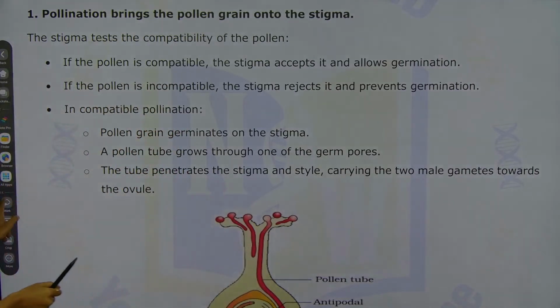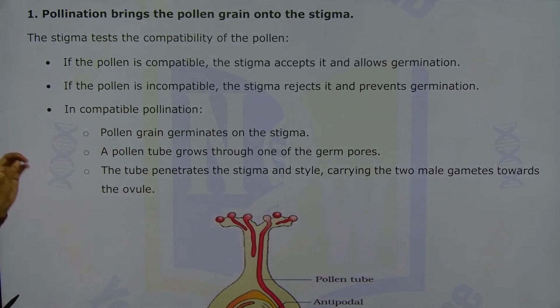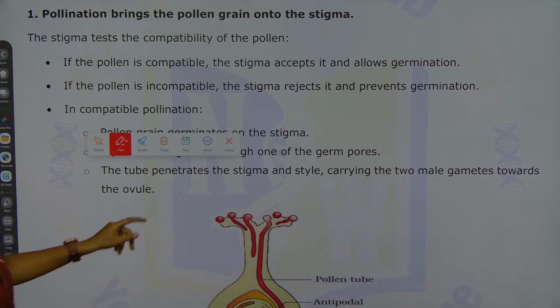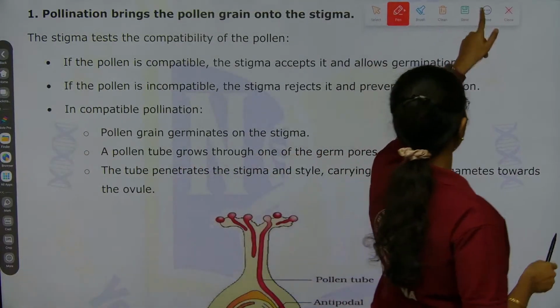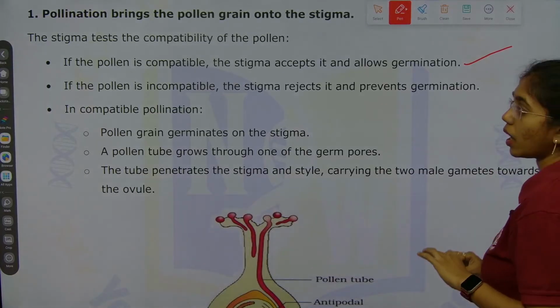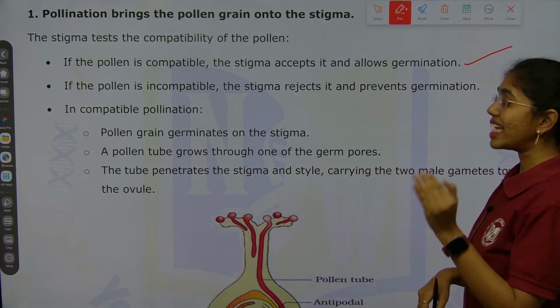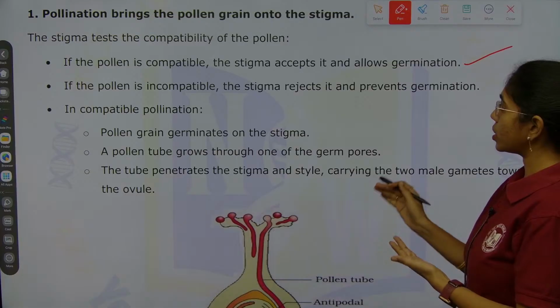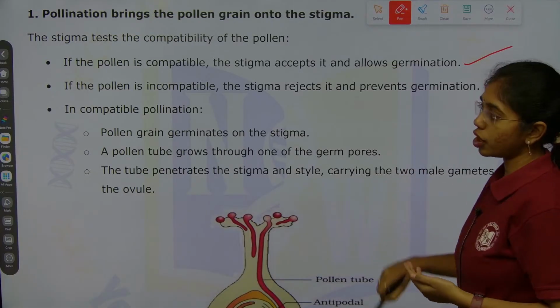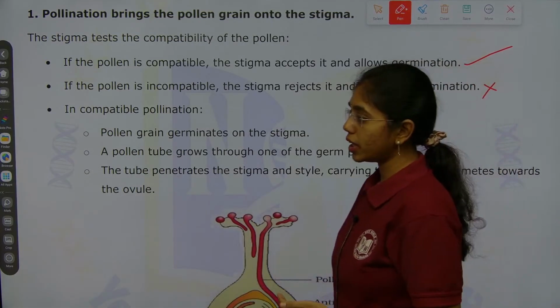If pollen is compatible, the stigma accepts it and allows for germination. If pollen is incompatible, the stigma will reject it and this will prevent the germination. In compatible pollination, what happens?